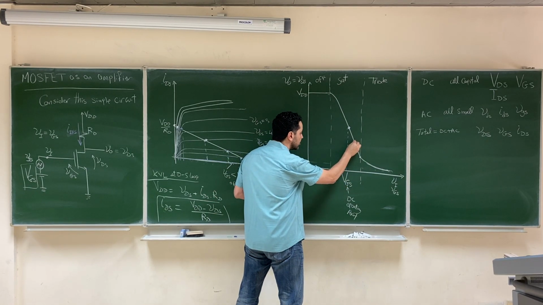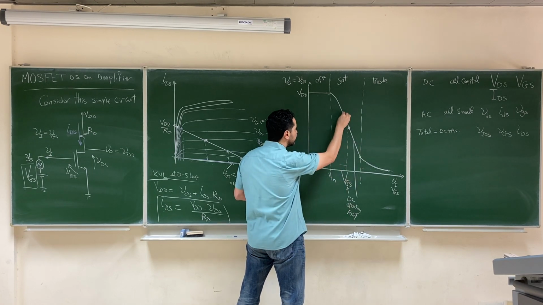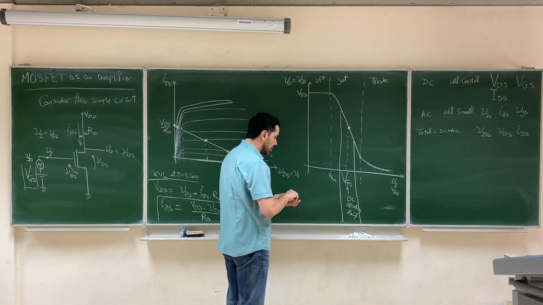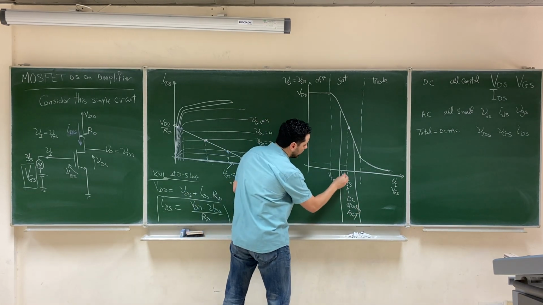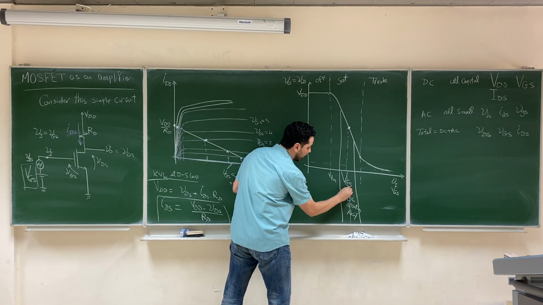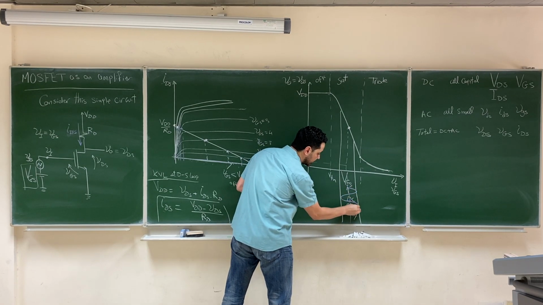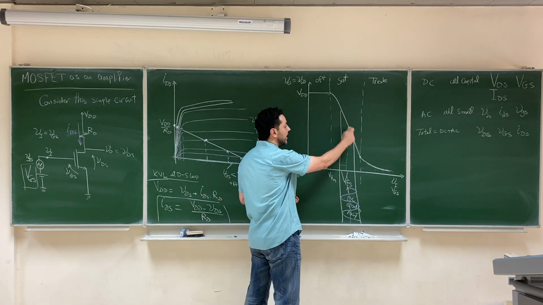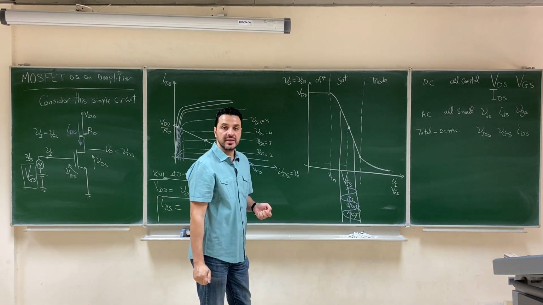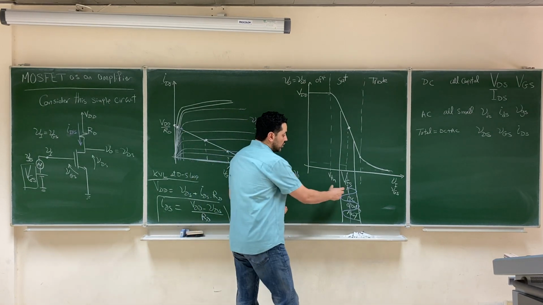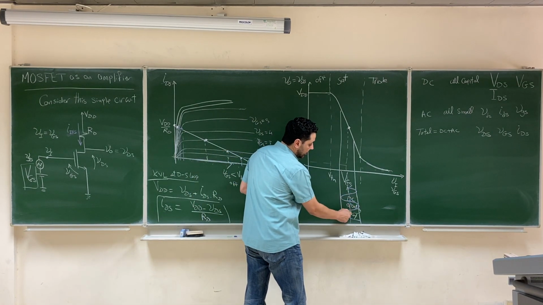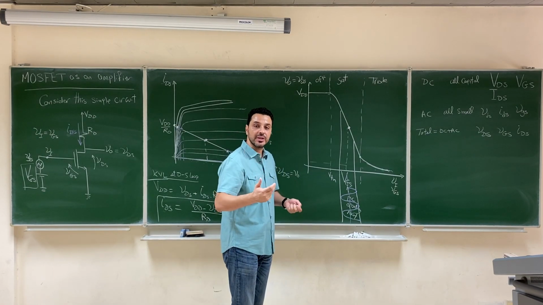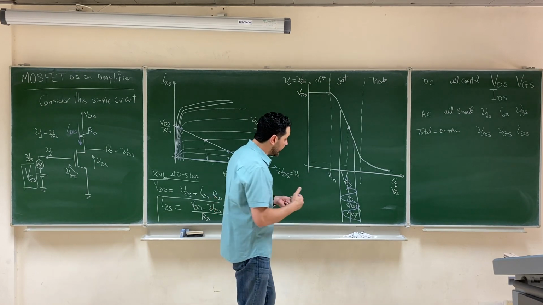So if we assume that the input is going to change like this, and I'm going to plot it with another color. If the input changes like this, with a small change, and again small change because we want the input to see a linear part of the curve. Okay, so we need our input AC signal to be small. That's why our input AC signal, we call it the small signal.